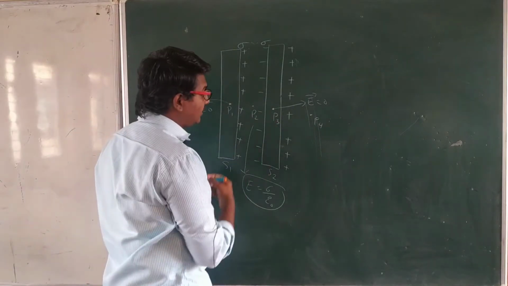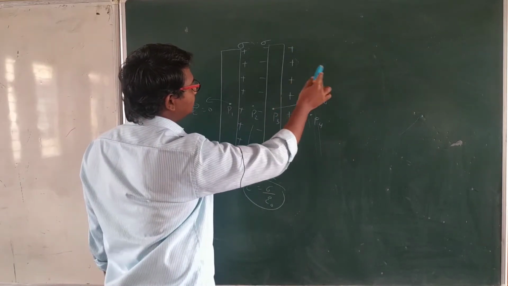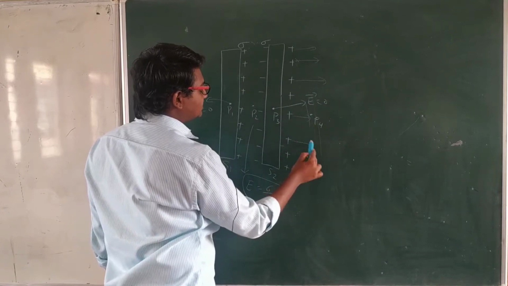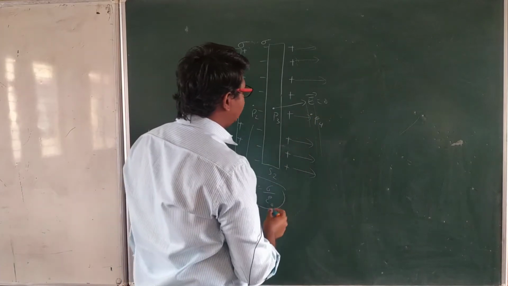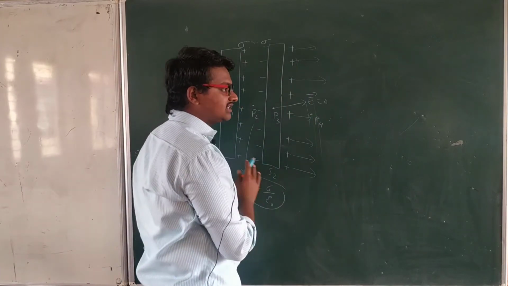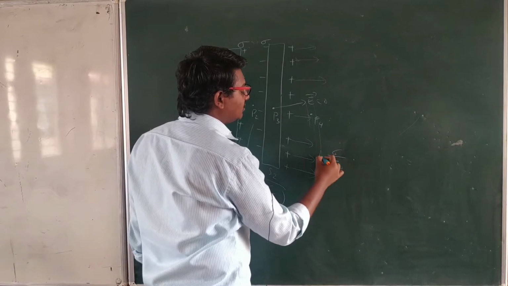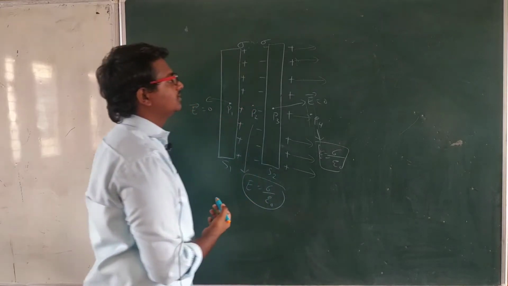And what about P4? The positive charge is exhibiting the electric field in this manner, so it is in an electric field at some distance from a conducting surface. Simply it will be E equal to sigma by epsilon naught for point P4.